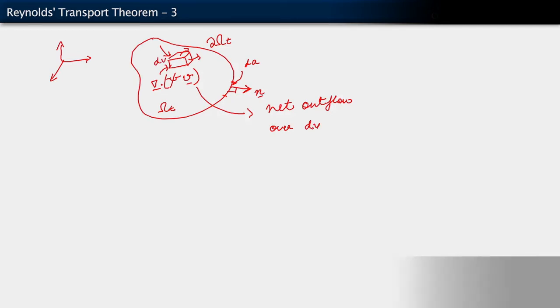That's what the divergence is. So when you integrate the divergence over the volume, you're getting the net outflow over the volume.